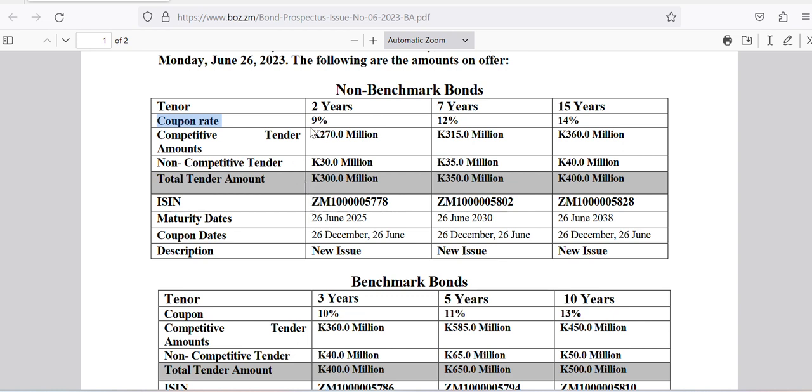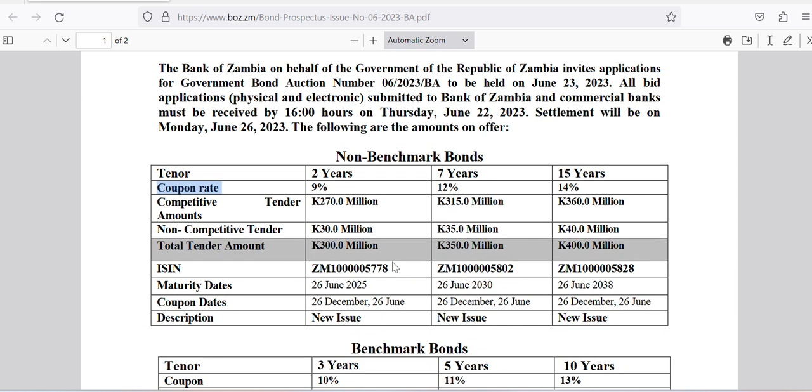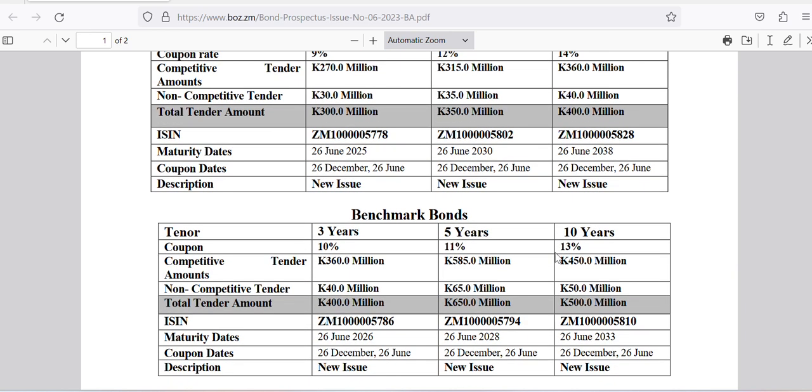If you can see, the lower the number of years, the lower the interest rate. For a 2-year bond, for this particular auction, the rate was 9%. For the 7-year bond, it was 12%. For the 15-year bond, it was 14%, and so on.